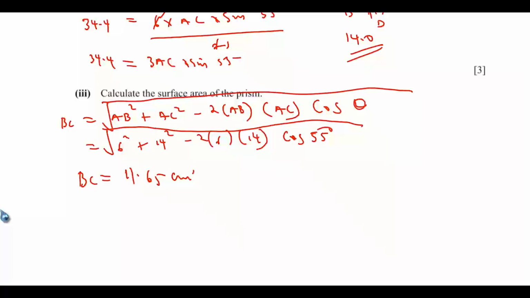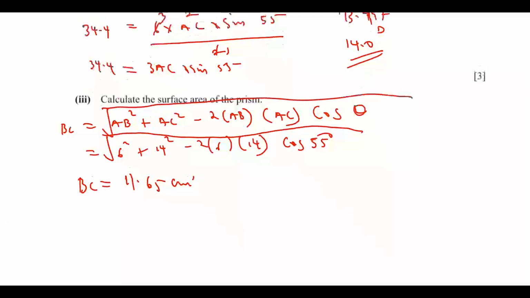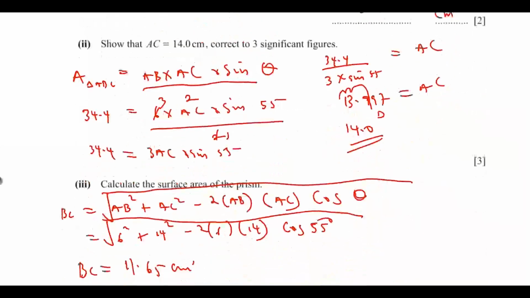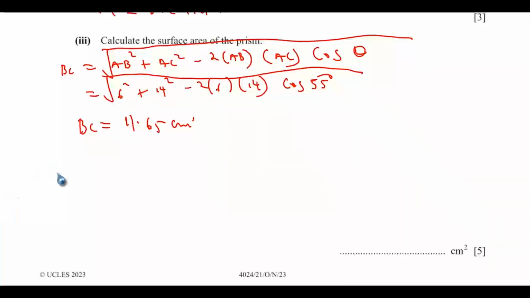The first one, we already know the area of the two cross-section sides, that is ABC. So let's write 1.